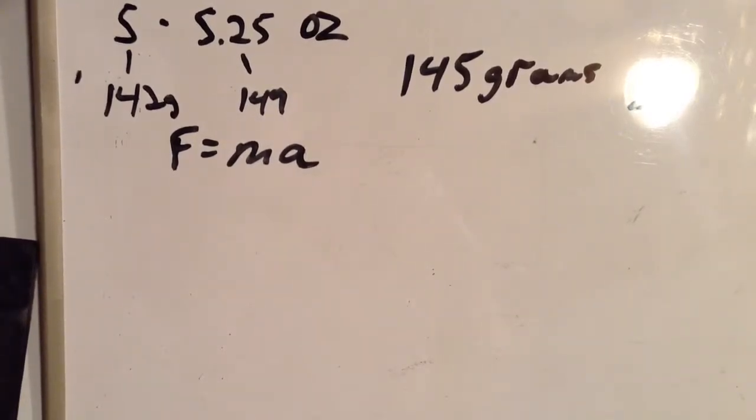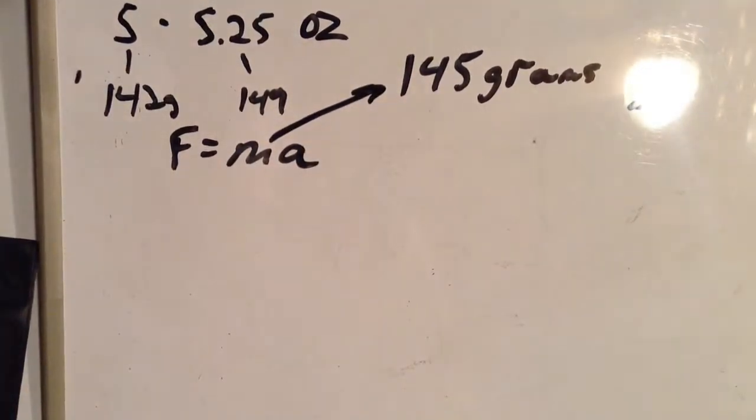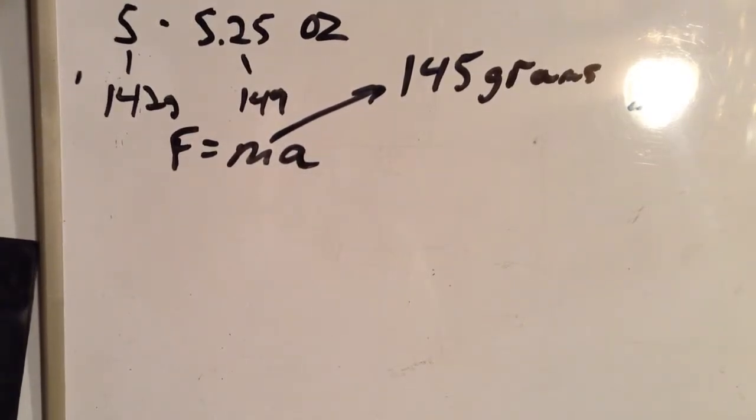So let's get back to our man on the skateboard here. Force equals mass times acceleration, where mass is 145 grams. That's what the baseball weighs. Our acceleration is 100 miles per hour per second, because this baseball player is taking 1 second to accelerate a baseball from 0 miles per hour to 100 miles per hour.